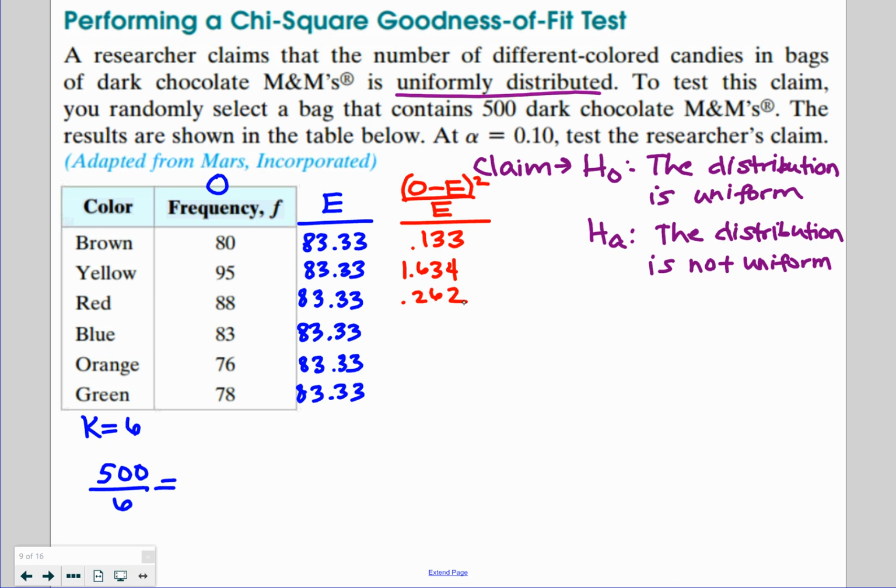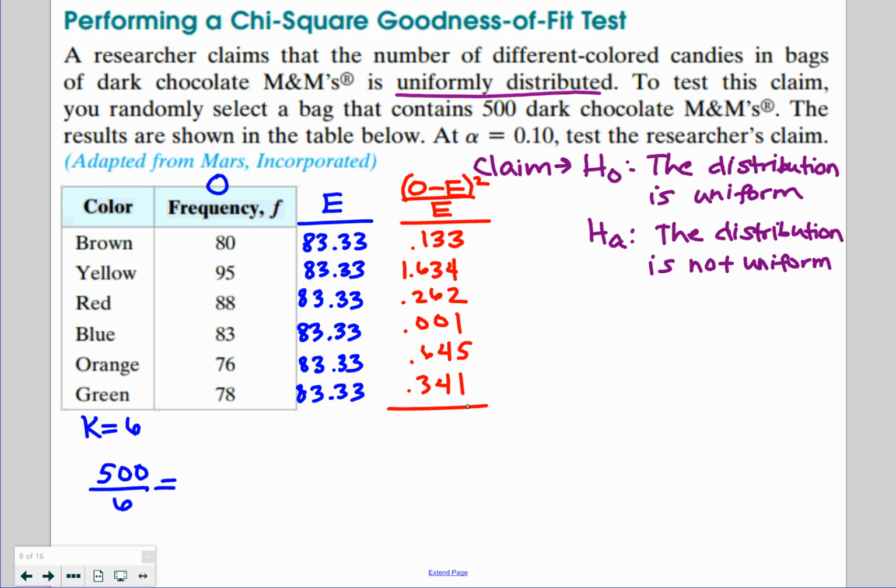Hold on. Don't do what I did. Square it, then divided by 83.33. There we go. That one's tiny. 0.001. 76 minus my E, square it, divided by my E. 0.645, and then 78 is my last one. 0.341.